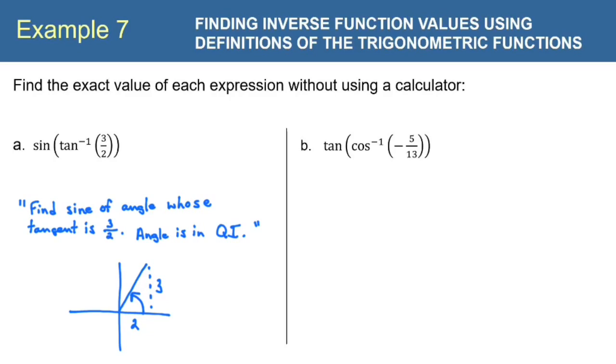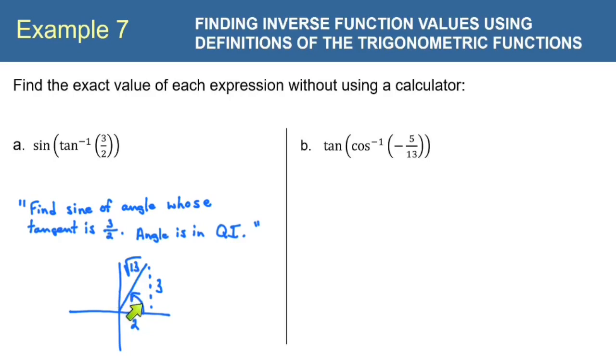And we know that we can use the Pythagorean theorem to find the hypotenuse. If these are both legs, we need to add the squares together. So 2 squared is 4, 3 squared is 9, 4 plus 9 is 13. And so this hypotenuse is square root of 13.